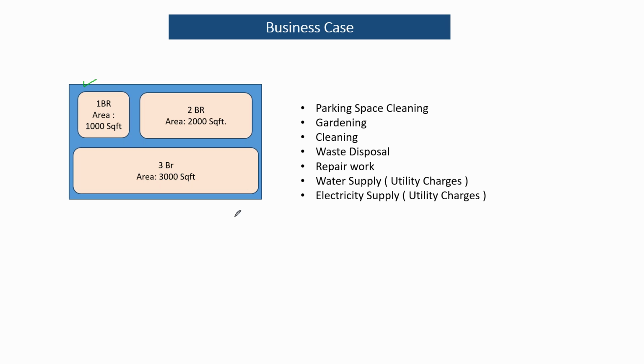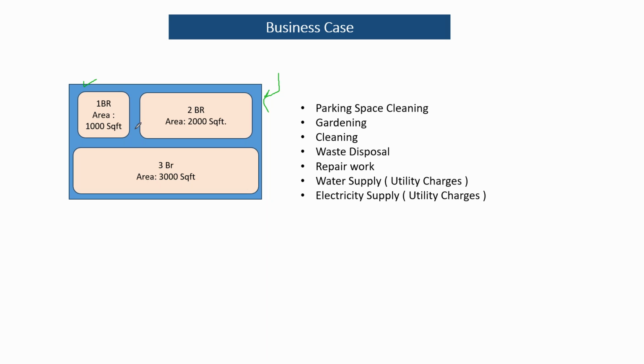Whatever common services are provided to all the tenants residing in these apartments, they need to pay the service charges as per their areas. In some cases it is required to be paid based on the number of people residing in the apartment.